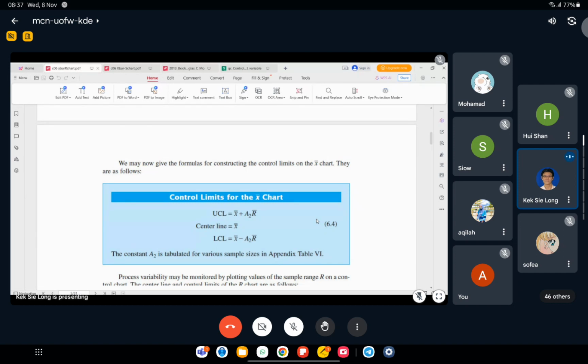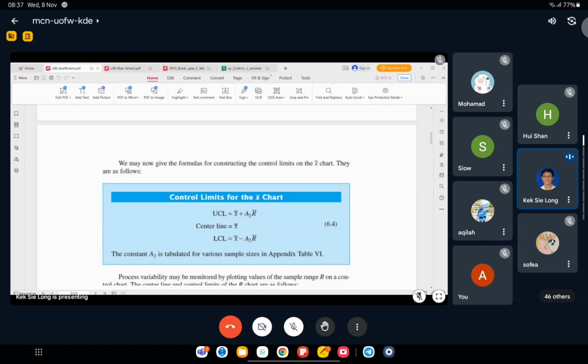A pair. So for the x bar chart, we have a pair. A pair means x bar bar plus A2 R bar, x bar bar minus A2 R bar. And a pair means UCL, LCL. So there are two equations. And notice that I have mentioned to you before, actually for 6.4, we only need to remember one.